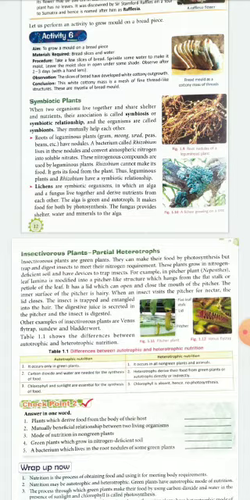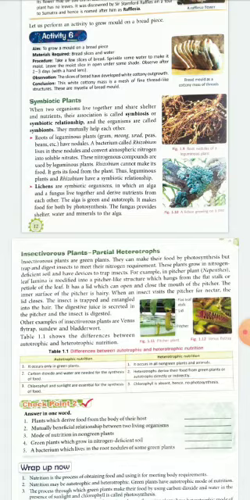Now coming to symbiotic nutrition. This means a mutual understanding between two plants or a plant and an animal. It is a relationship. When two different organisms belonging to different categories show a close association, they are termed symbiotic. In this, both are benefited from each other. Here we have Rhizobium bacteria which live in the root nodules of leguminous plants.